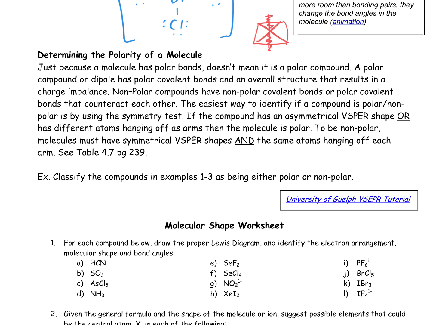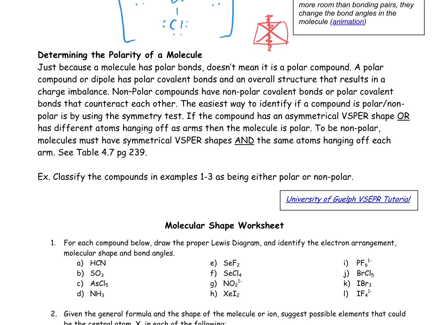So I mentioned using symmetry is the easiest and fastest way to figure out if your compound is polar or nonpolar. Remember, polar compounds have an overall charge imbalance, which means they're going to have an asymmetrical VSEPR shape, or they could have a symmetrical shape, but one of the atoms hanging off the arms is different, and that will introduce a different electronegativity pull and make your electrons unevenly distributed.